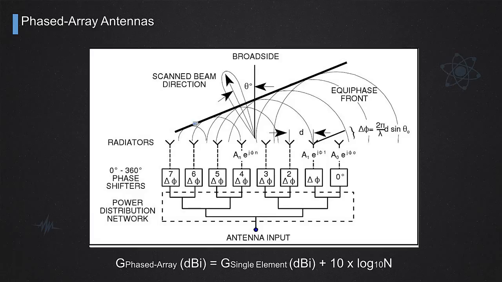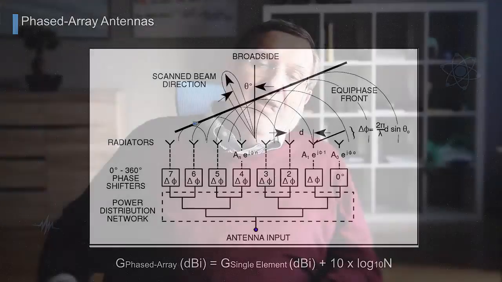And I do not move the array of elements. In this slide, we see a linear array for simplicity, but you have to think also of a two-dimensional array. We move the beam generated by this array of elements by weighting the phase of the signal feeding the individual elements. So we have the same RF signal at the input of a beamforming network.